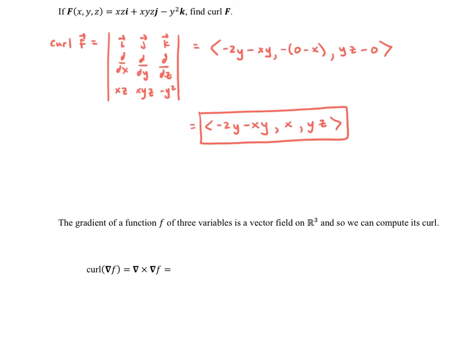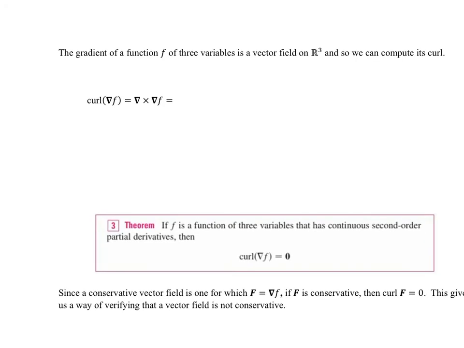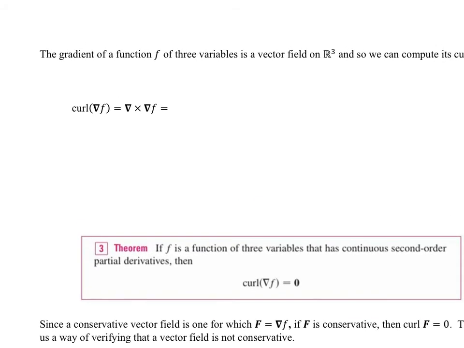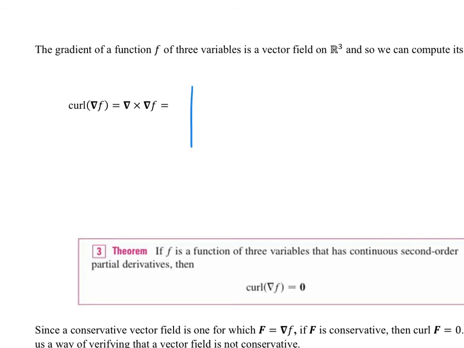Okay, so the gradient of a function f is a vector, and so technically we can calculate the curl of this. So remember, when we set up our cross product here, we have our unit vectors and our partial derivative operators. And then remember, we have the gradient of f.